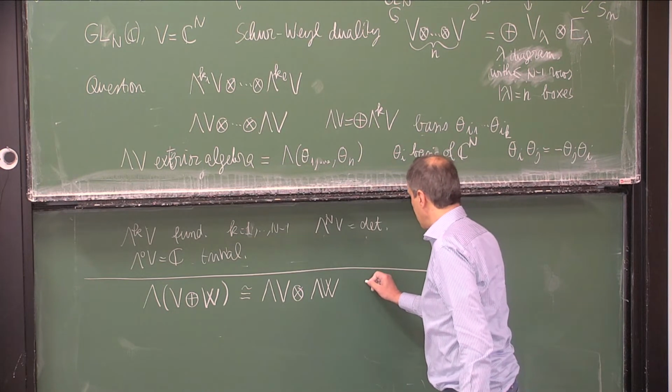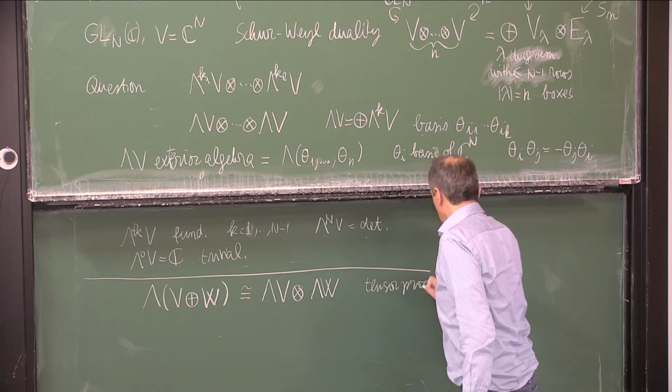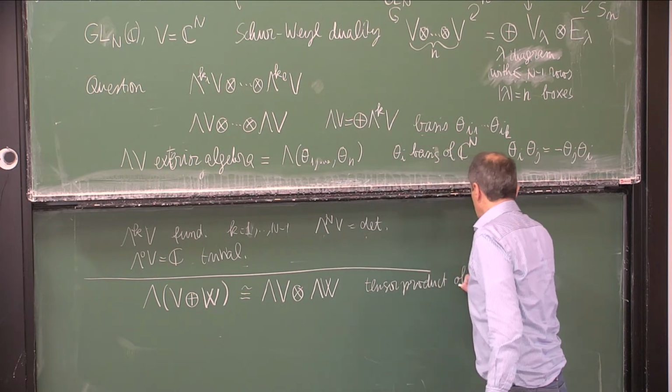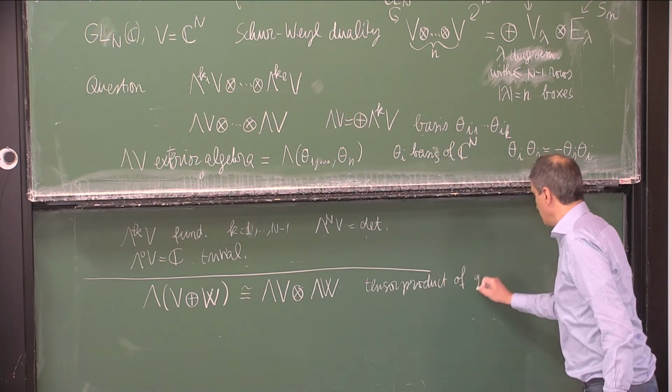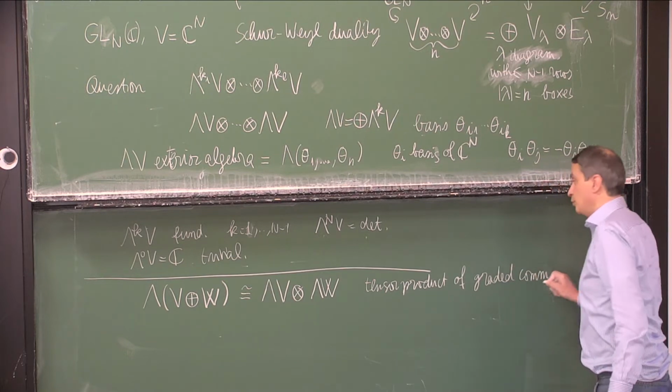So this is a tensor product of skew commutative algebras, which means that you have to put in the signs.